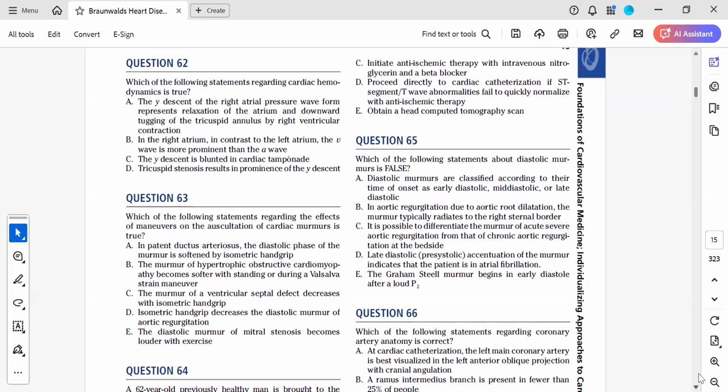There will still be some blunting, but it will not be almost absent as it is in the Y descent, because some blood leaves the ventricle, giving the atrium more space to relax.